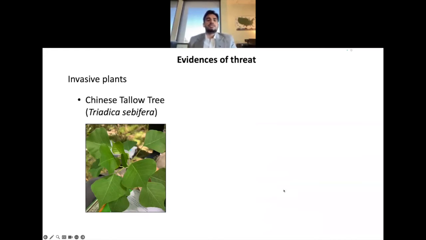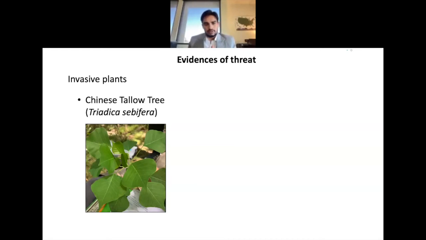We saw some evidence of threats around the areas where we find our species of interest. So first of all, there is an invasive plant known as Chinese tallow tree. This plant leaches aqueous solutions when the leaves are dry and start decomposing, which affects the germination of pine trees.